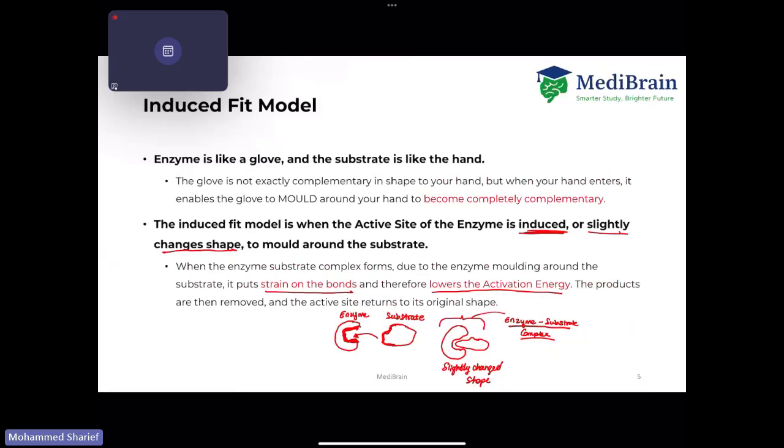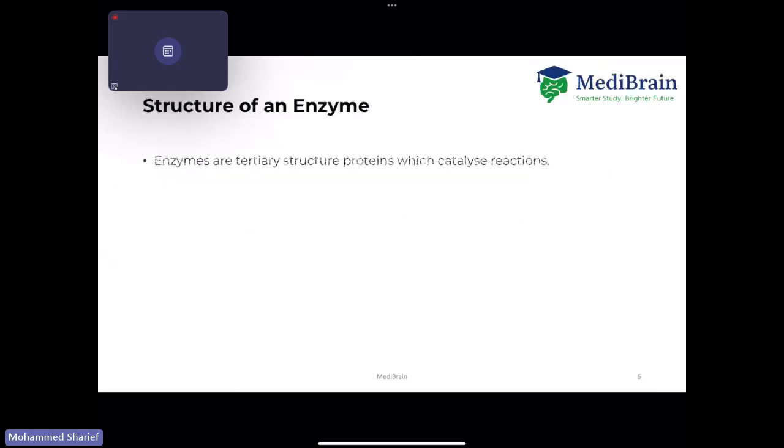Now what we're going to do is zoom in onto the structure of an enzyme. In our last lesson we looked at proteins, and we saw that all proteins have a primary, secondary, and tertiary structure. A quaternary structure is one where there is more than one polypeptide chain. Enzymes are tertiary structure proteins that can catalyze reactions.